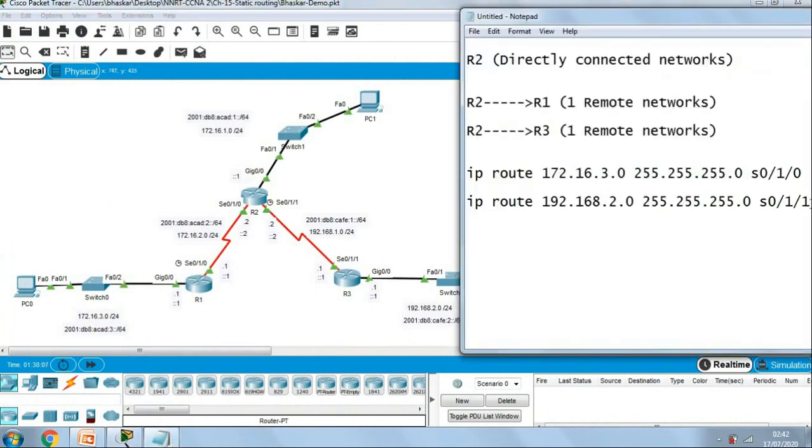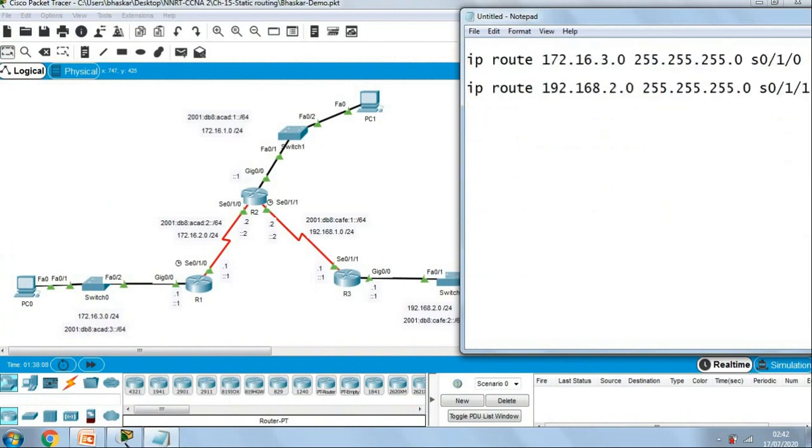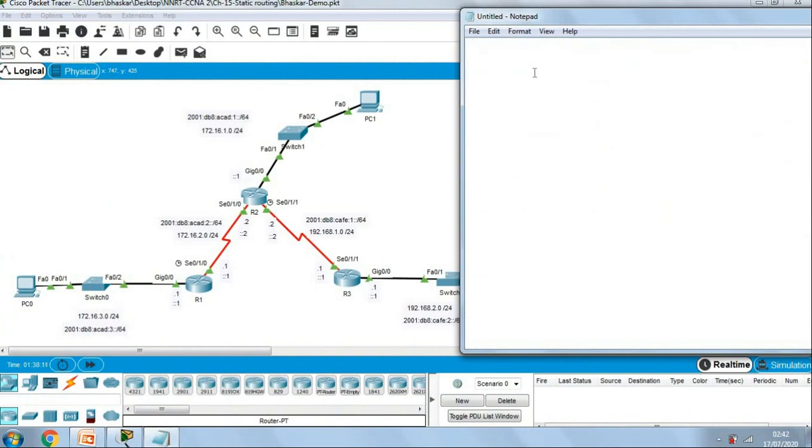Now we are going to test how to configure the default static route. See, now I am at router R3. I want to configure a directly connected default static route.